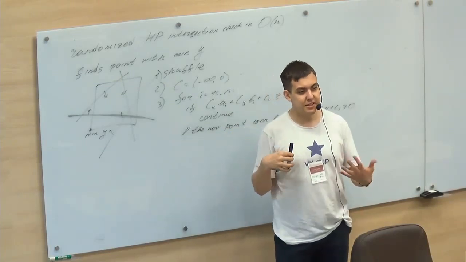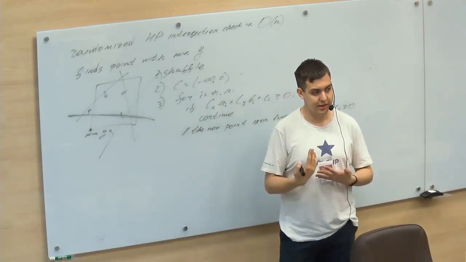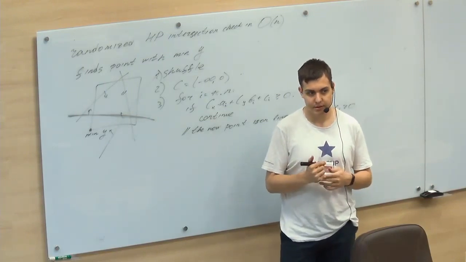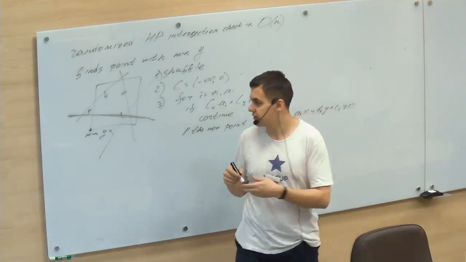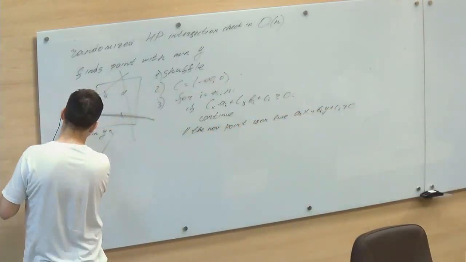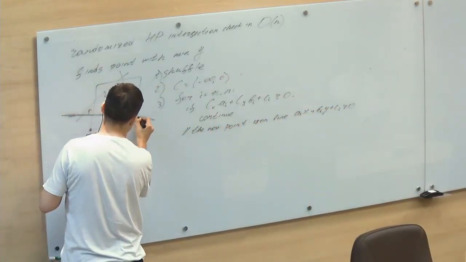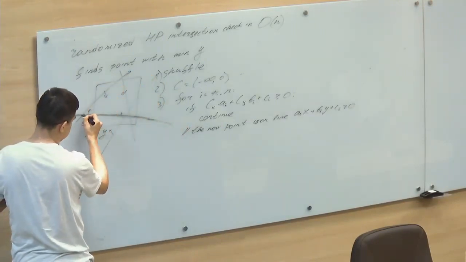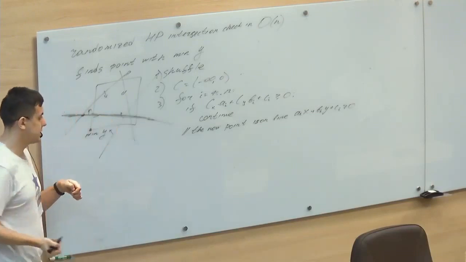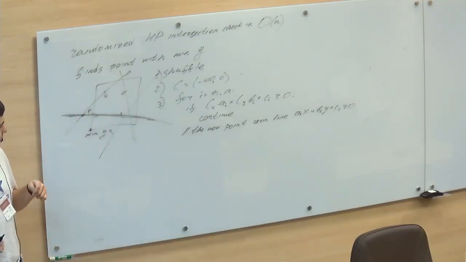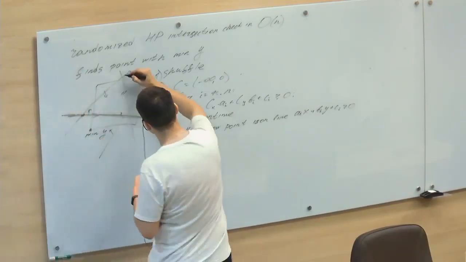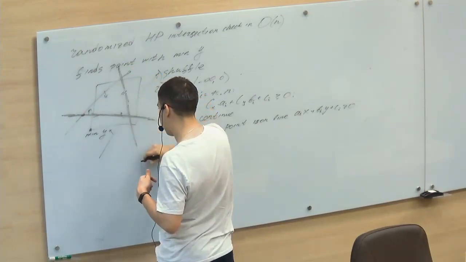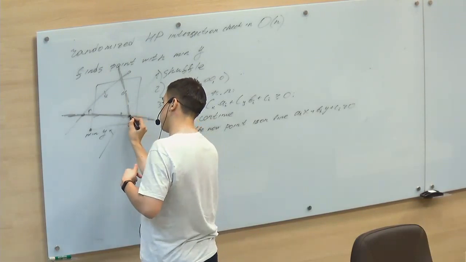Well, what is an intersection of a line and a half plane? It's a half line, right? So for example, if we look at this line and this half plane, it's this way. And if we look at this half plane, it's this way.